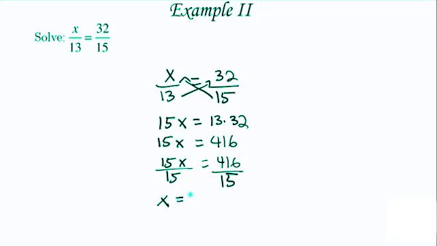This gives me x equals 416 over 15. This can be further simplified, but again, right now I'm focusing on how we solve for x, and that's through finding cross products and then isolating the x, isolating the variable. So x equals 416 over 15.